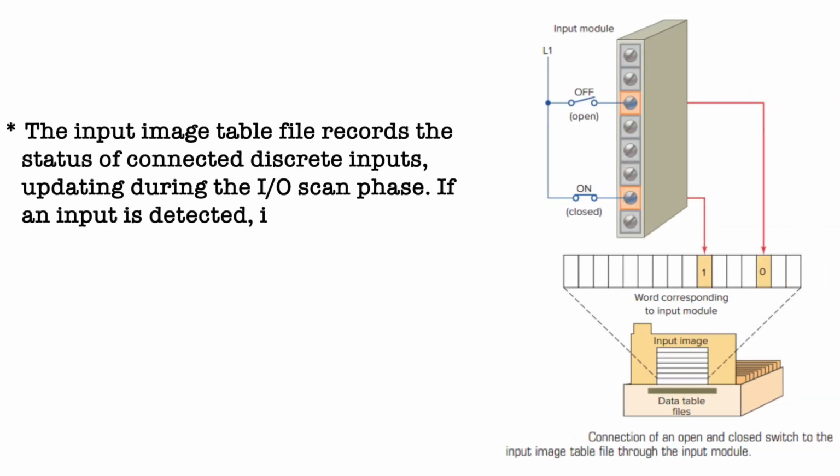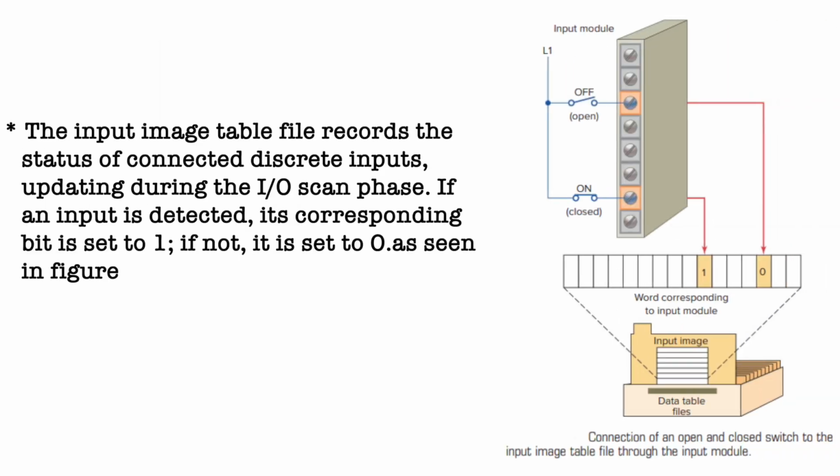The input image table file records the status of the connected discrete inputs, which are updated during the input-output scan phase. For example, if an input is detected, its corresponding bit is set to 1, and if the input is not detected, the corresponding bit is set to 0, as can be clearly seen in the figure.